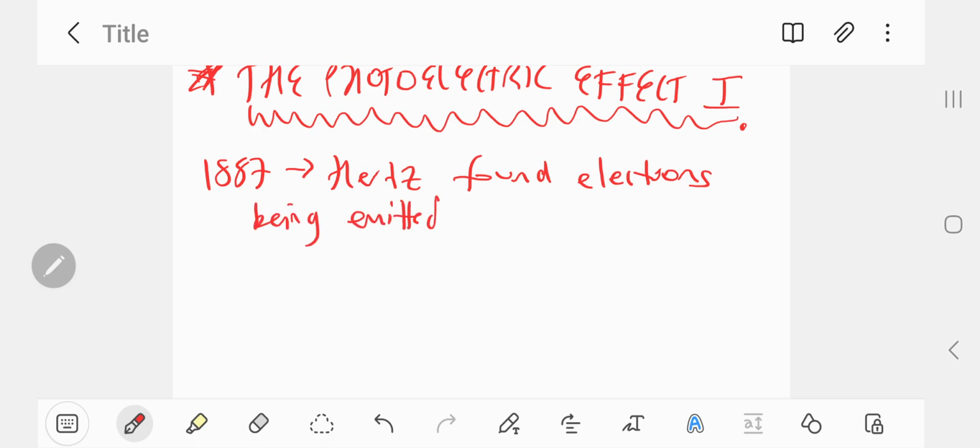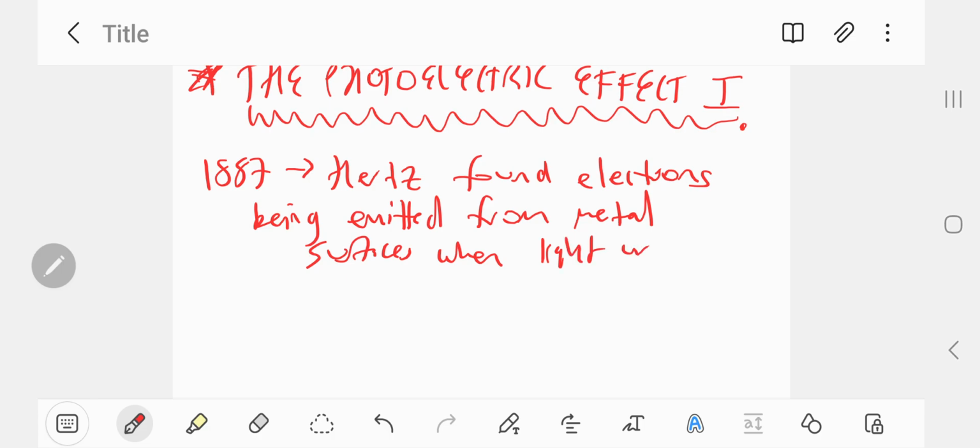In an experiment, he found that when he shone light on a metal surface, electrons were emitted. I should mention he used high frequency light, so high energy light.